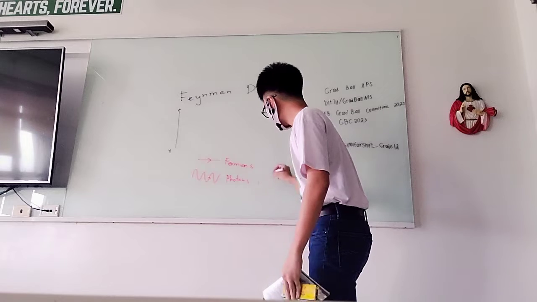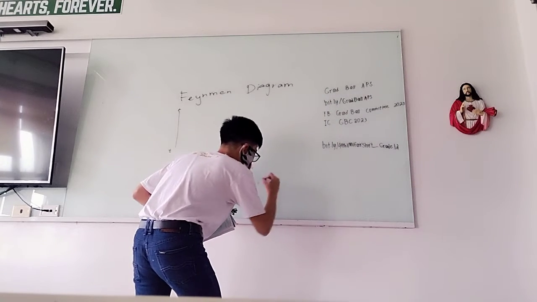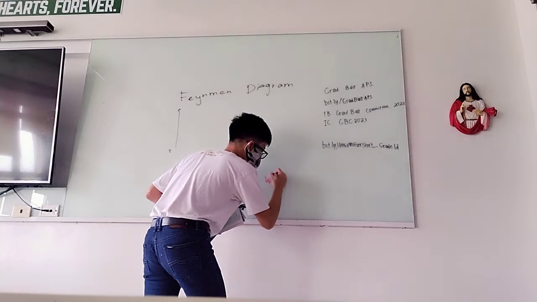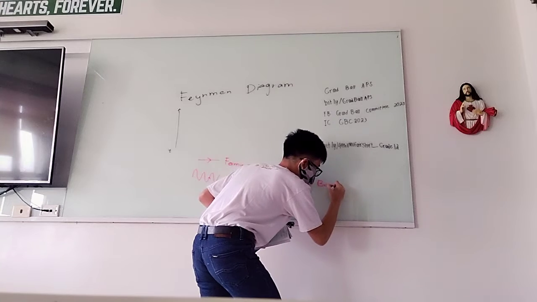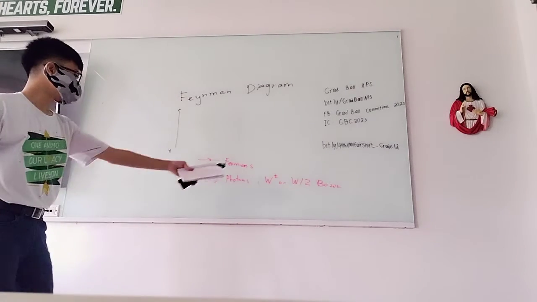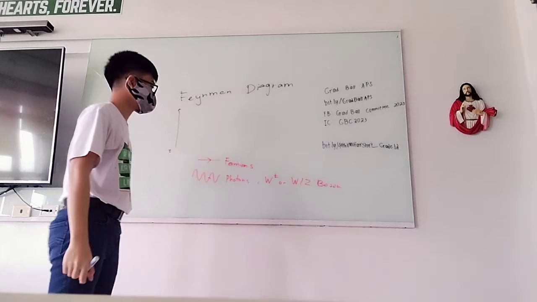This also denotes the W plus-minus and Z bosons, so W plus-minus, or the Z boson. And this will be important when we discuss the actual decay of tops into bottoms.